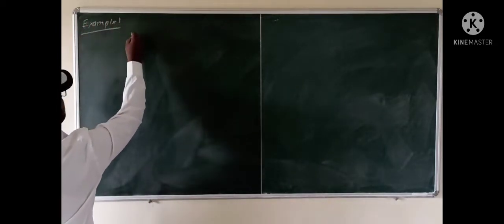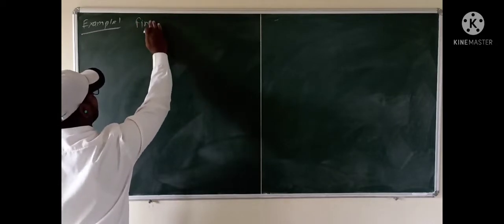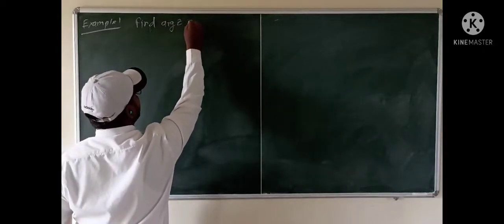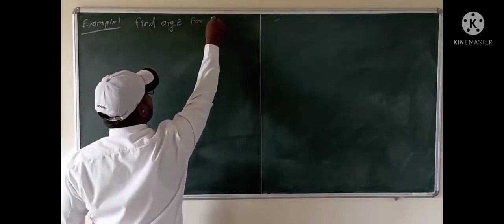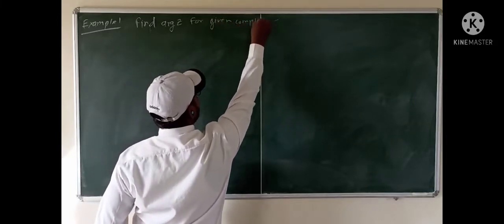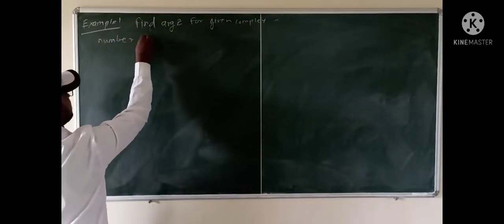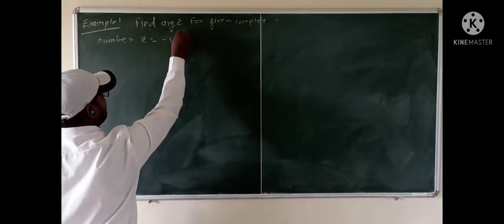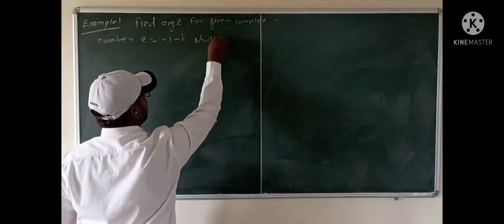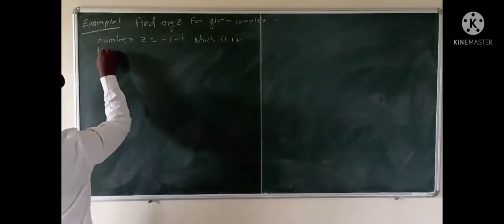Example 1. Find the argument of z for the given complex number z is equal to minus 1 minus i, which is in the third quadrant.